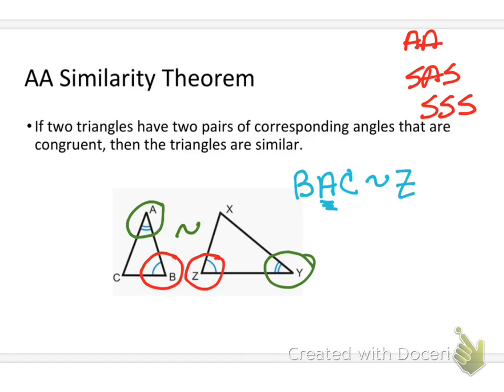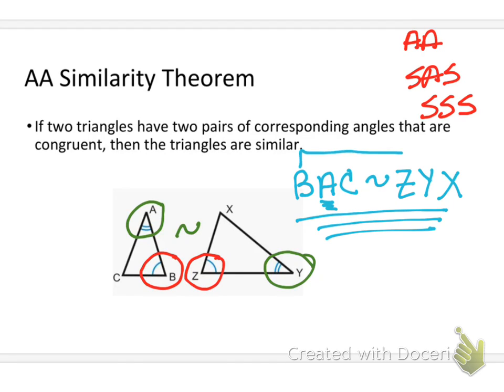You should be saying Y. And then what angle do we talk about having to equal C? That's X. So this order is very important. You have to be able to line up congruent angles through your similarity statement. And we can indeed do that through this similarity statement.